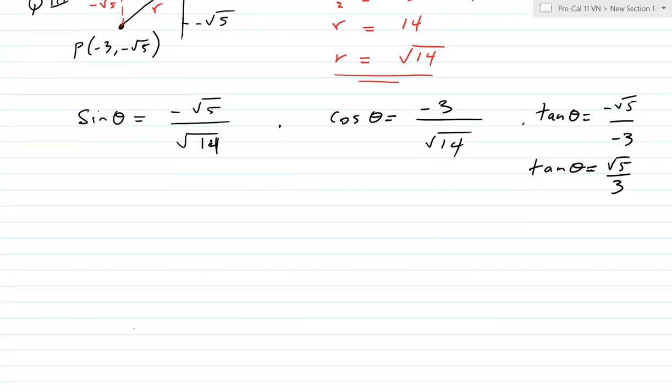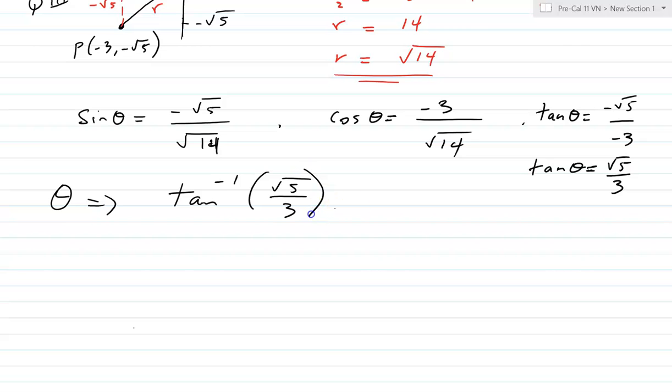If we would have gone ahead and solved for theta, you can use any of these three trig ratios. Let's use tangent, just for fun. You can use cosine and sine, but let's use tangent to actually find theta, and then we're going to go through the practice. So to do that, you have to do tan inverse of √5 divided by 3.